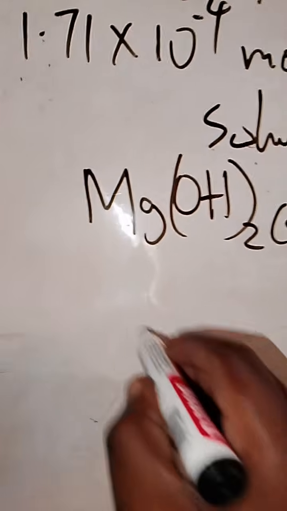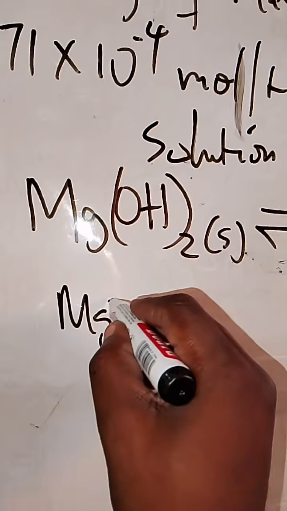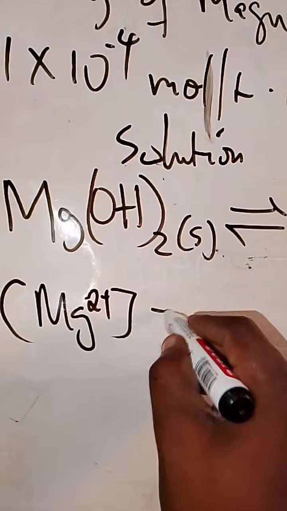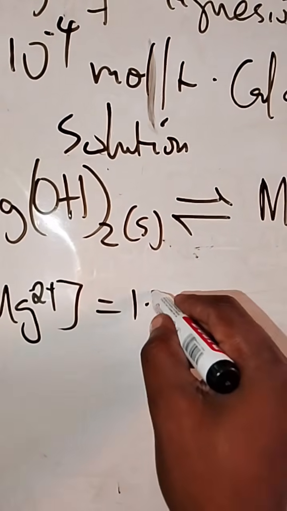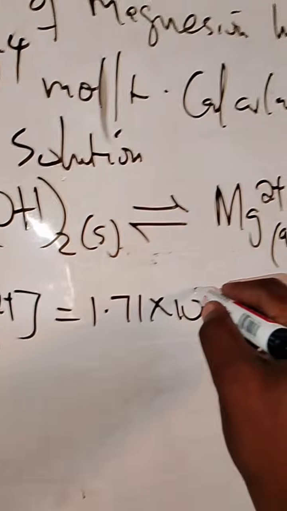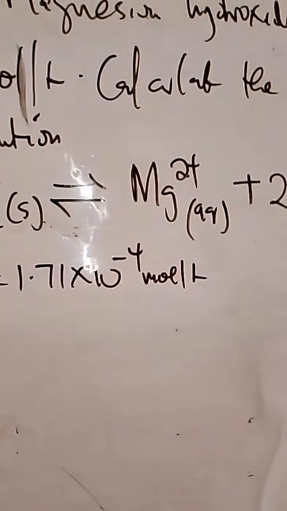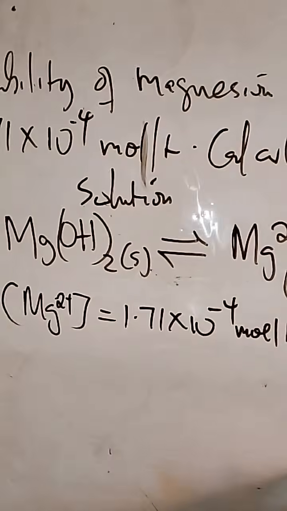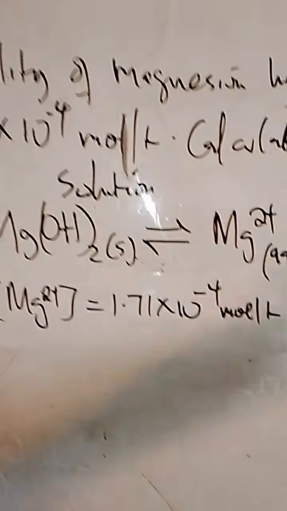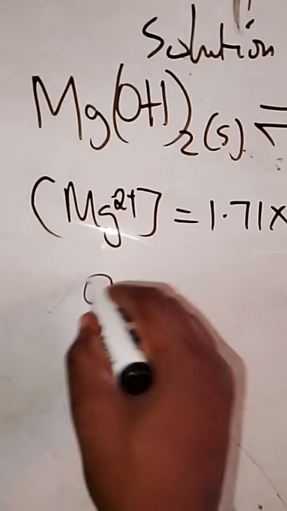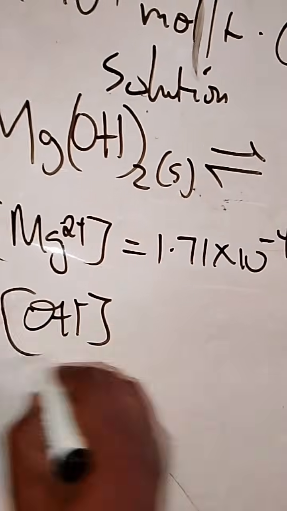So for the magnesium ion, it is equal to the same 1.71 times 10 to the power negative 4 mol per liter, since the mole ratio is 1-to-1. Then for hydroxide we are going to multiply.